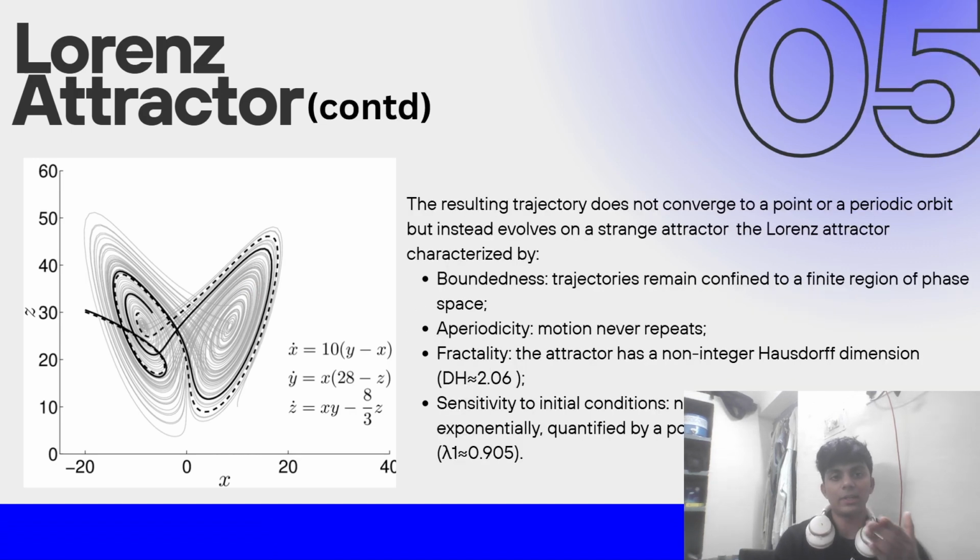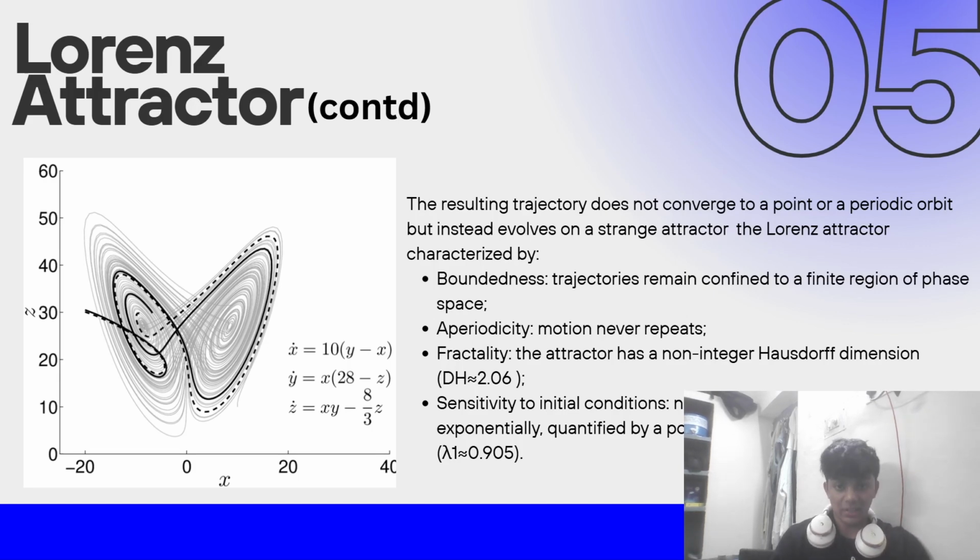So the trajectory that we see over here does not converge to a point or a periodic orbit, but it instead evolves into a strange attractor, the Lorenz attractor that I had mentioned. It has a few characteristics. First is boundedness: the trajectory remains confined to a finite region of phase space. The second one is aperiodicity: the motion never repeats.